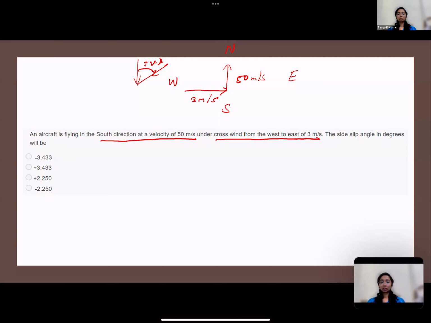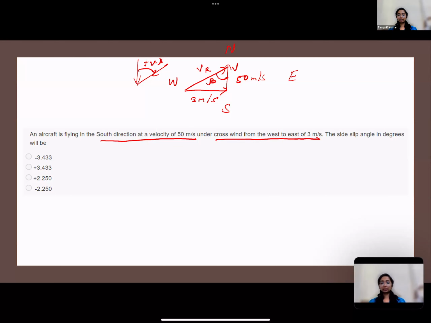Okay. So how will your relative velocity be now? This was your initial relative velocity. Now how will it be? It will be something like this. And this would be your beta. The angle that the relative velocity makes with the fuselage reference line is beta.